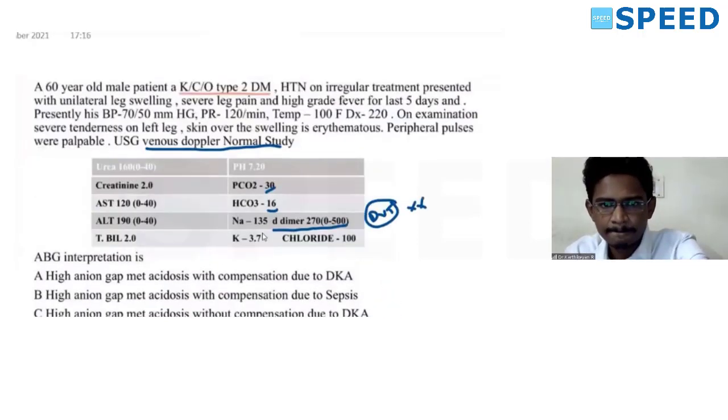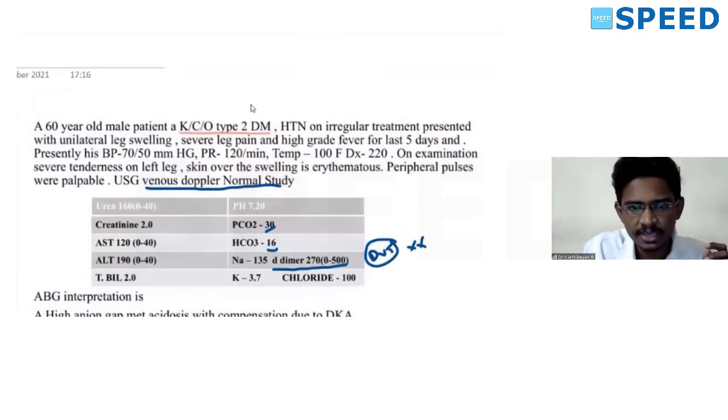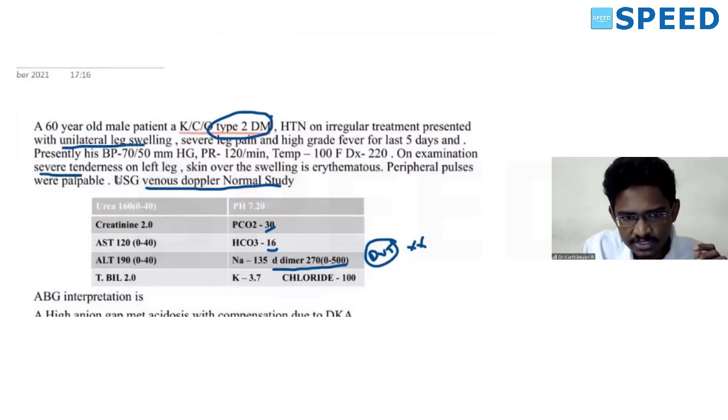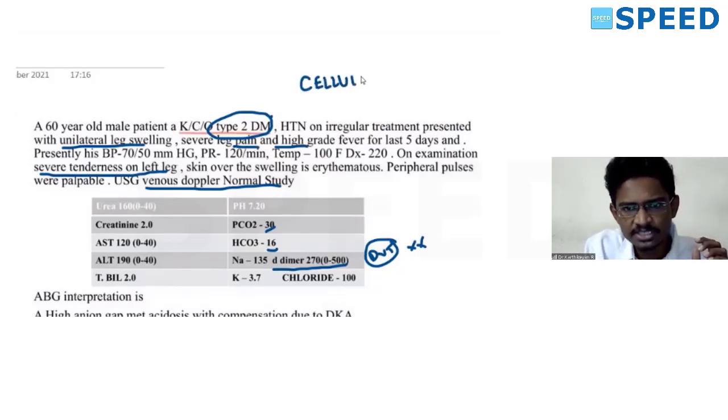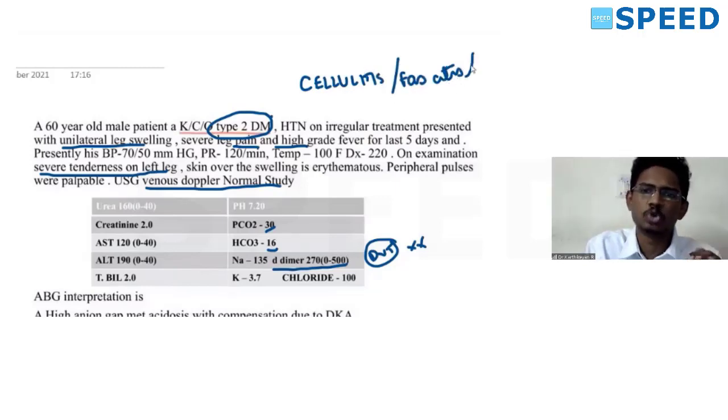What is the cause here? It is most probably a diabetic patient with unilateral leg swelling, severe tenderness on his leg, high grade fever, leg pain, all pointing towards some infectious cause, which might be some cellulitis or necrotizing fasciitis or some abscess going on.